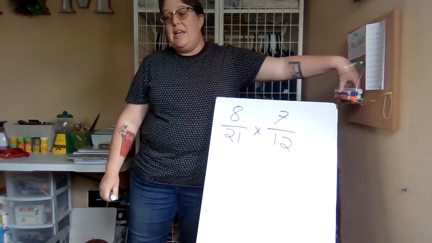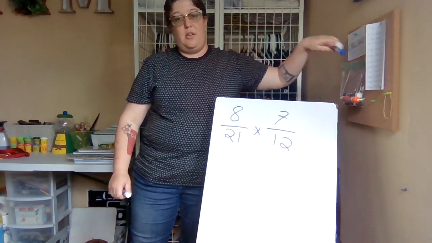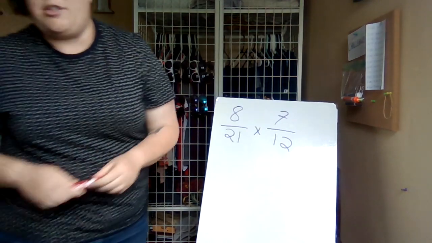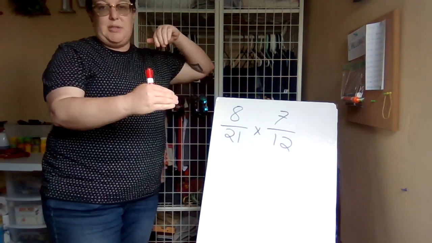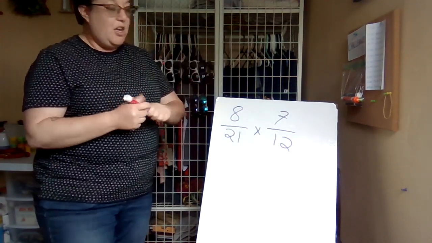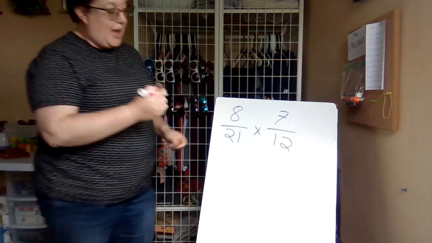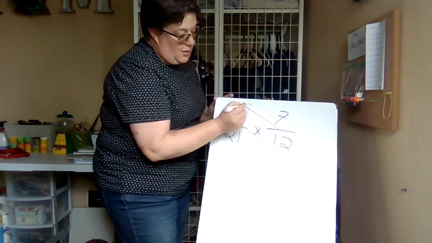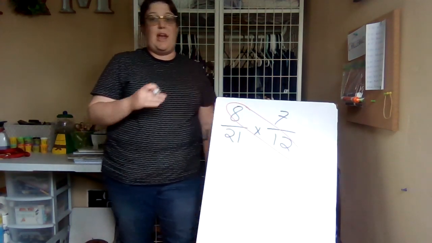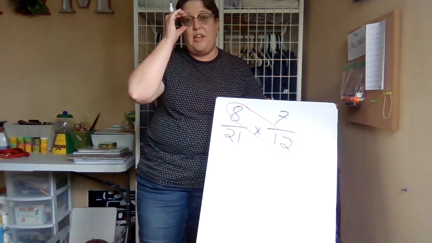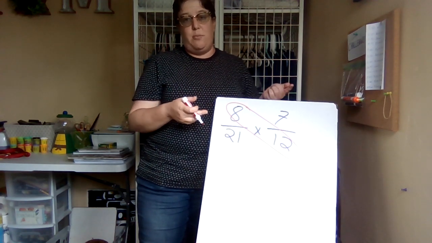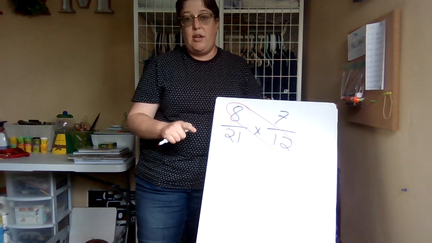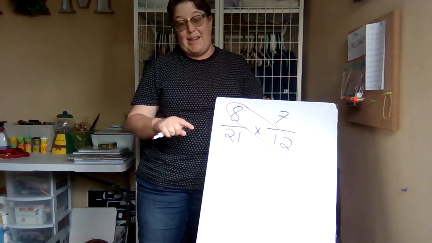The second step, you are going to try and find common factors in the opposite numerators and denominators. So we're going to start first with 8 and 12. So I'm going to circle those. Starting first with 8 and 12, we have to figure out what are numbers that could go into both of those. Numbers that we know go into 8 are 1, 2, 4, and 8.